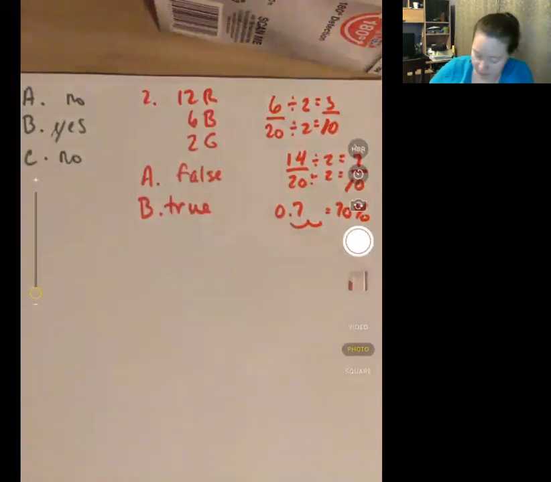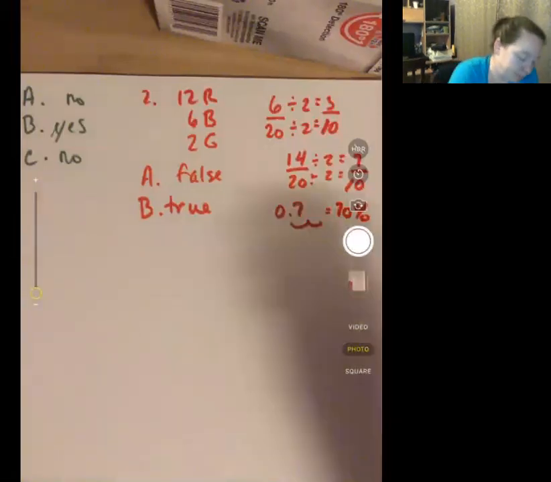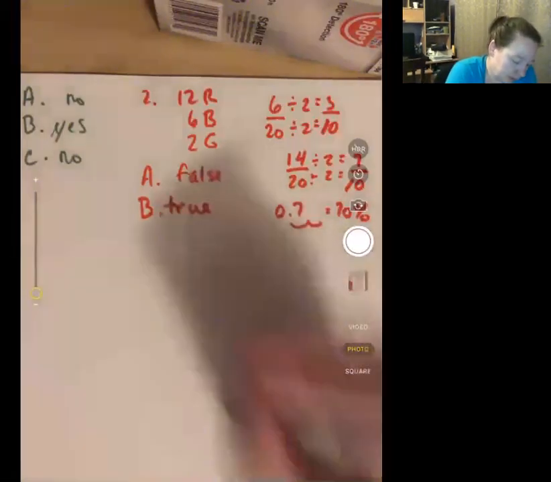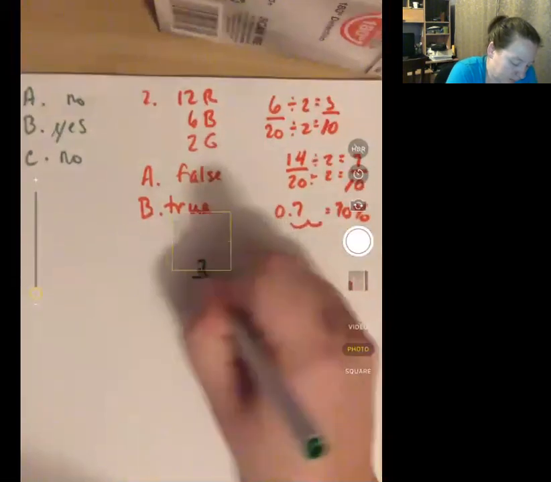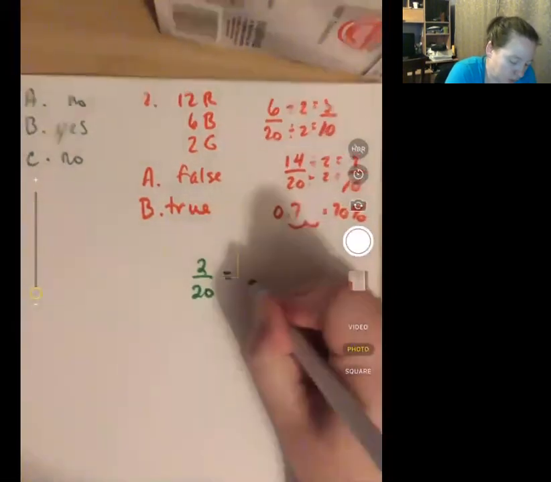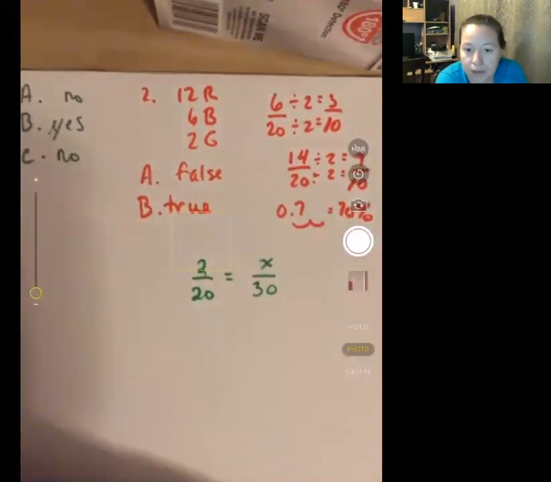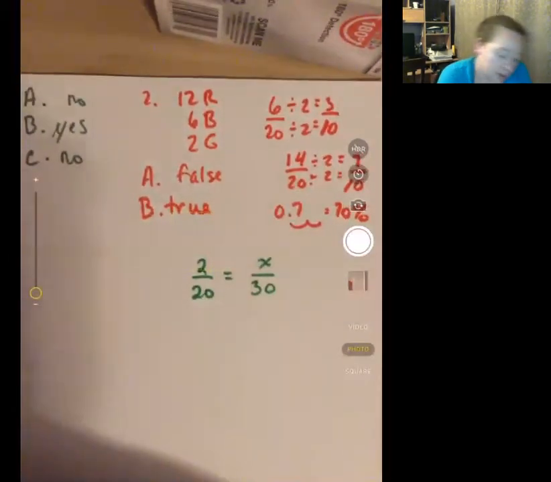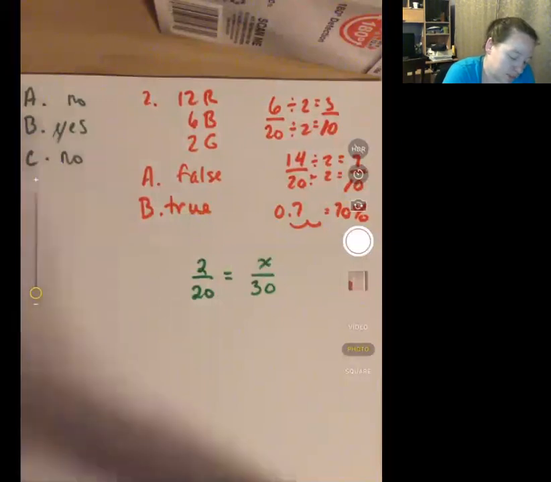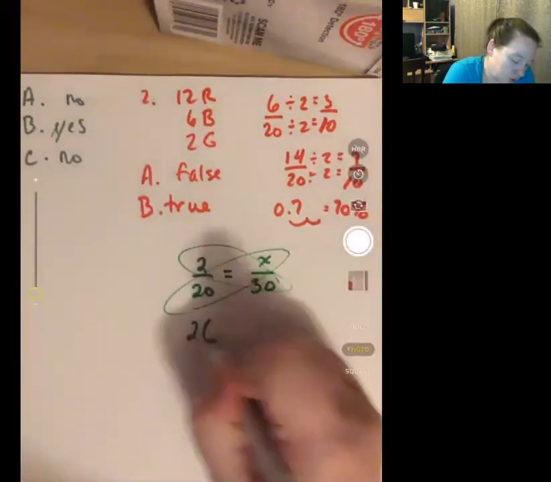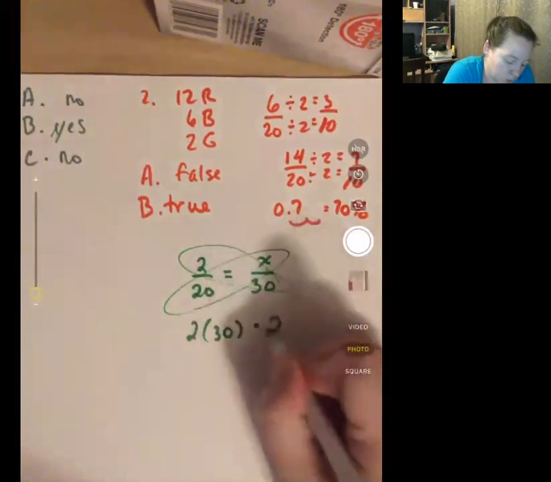All right. So this is how we're going to determine this. 2 are green out of 20, and I'm going to go 30 times, and I want to know how many are going to be green. Okay, so I'm going to set this up. I'm going to do cross multiplication with it. So I end up with 2 times 30 is equal to 20x.